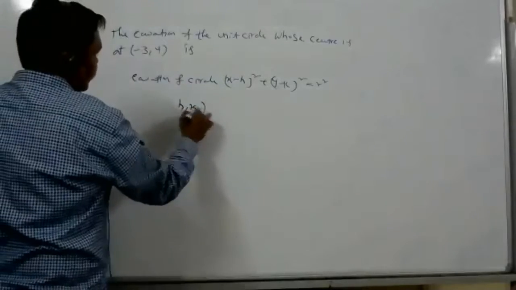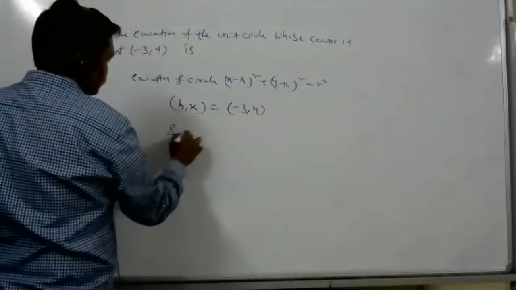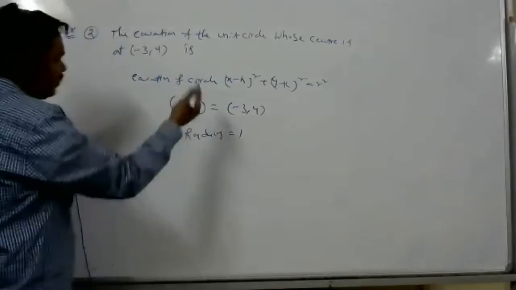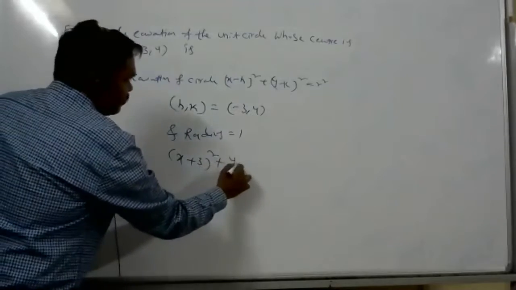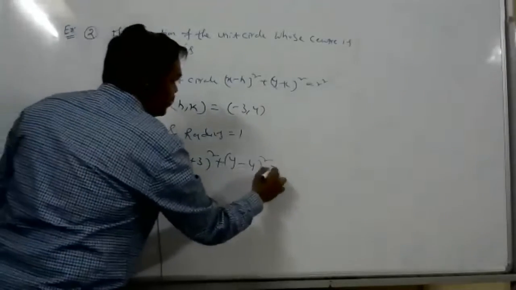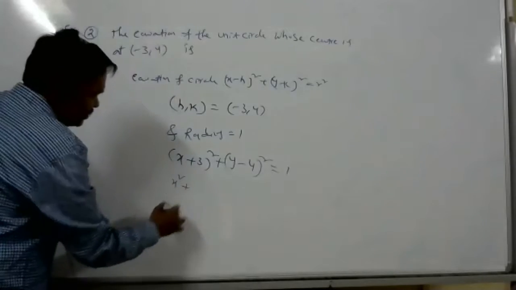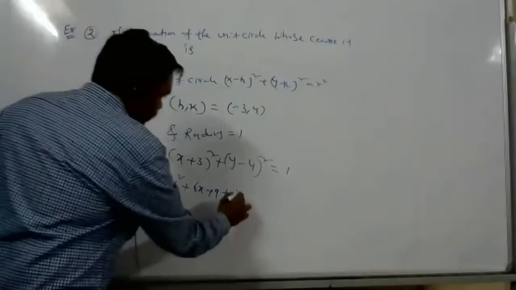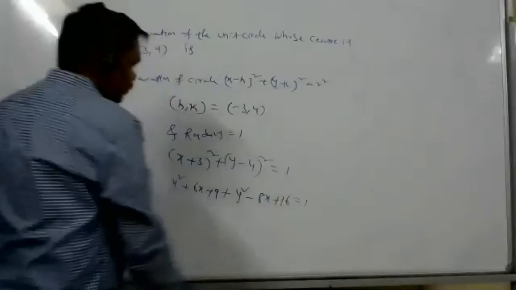Center h comma k is equal to -3, 4 and radius is equal to 1. Now substituting: x plus 3 whole square plus y minus 4 whole square is equal to 1. Now x square plus 6x plus 9 plus y square minus 8y plus 16 is equal to 1.